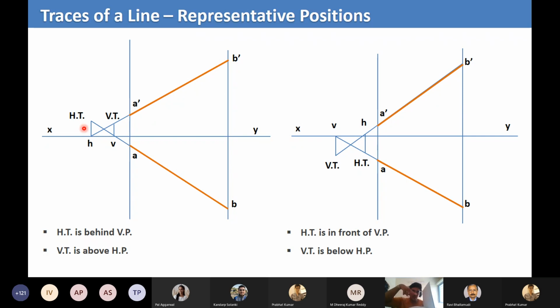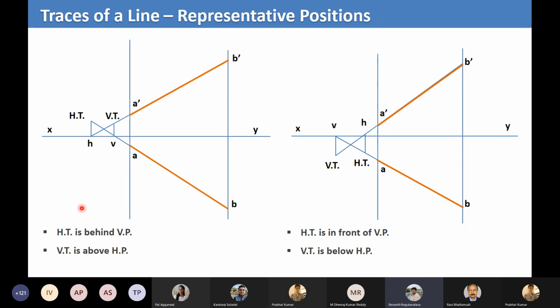It will first intersect the vertical plane, and then it will pass through here, and then it will intersect the horizontal plane behind the vertical plane. So that is what HT is behind VP means. As I showed, VT is above HP. It is intersecting the vertical plane first, and then it is intersecting the horizontal plane. So that's it, example 1.